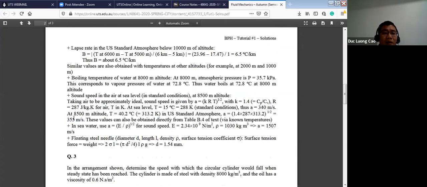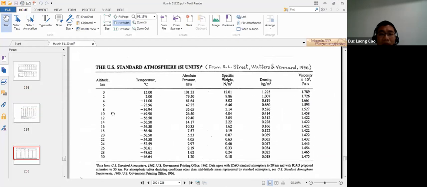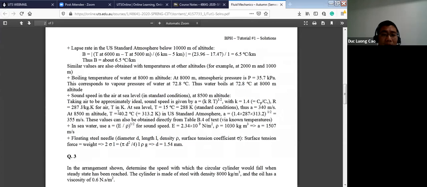It's incorrect because the temperature at 8,500 meters is not 40.2 Celsius. It's minus 40.2 Celsius, negative, not positive. So the sound speed will be smaller than at sea level.